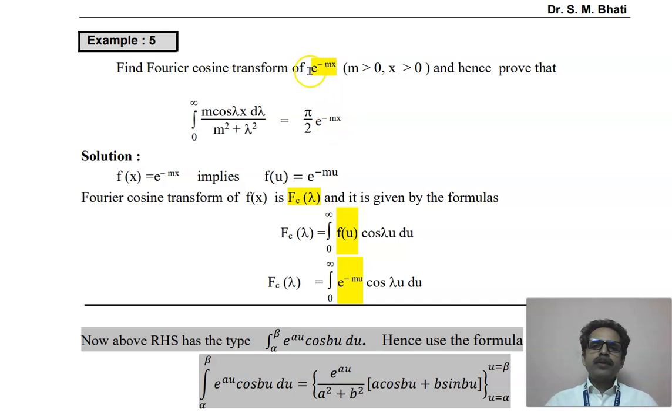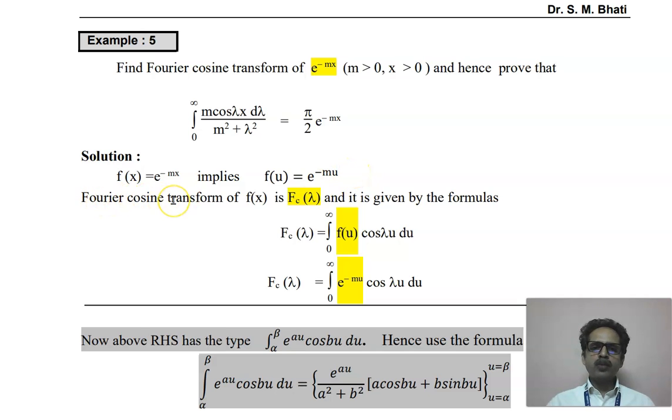The given function is e raised to minus mx, so we take it as f of x, and by replacing x by u, we have f of u equal to e raised to minus mu. Note that x and m are both positive real numbers, hence u also is a positive real number.